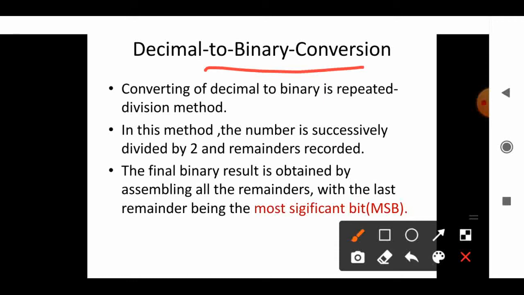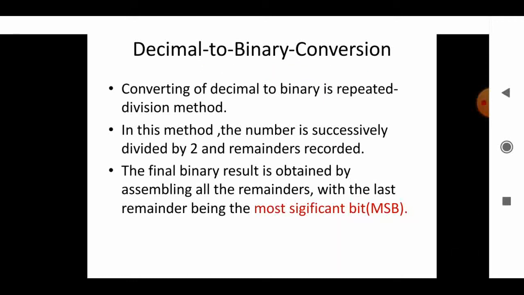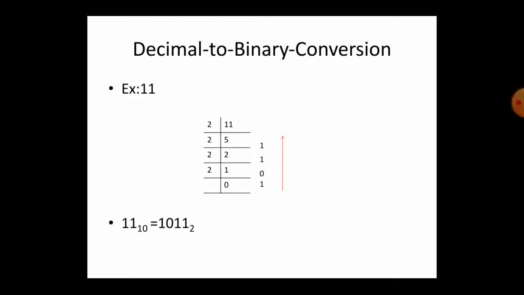From the left side, which one carries the hundreds or thousands? That is the most significant bit. From the last side, the bit is called the least significant bit.